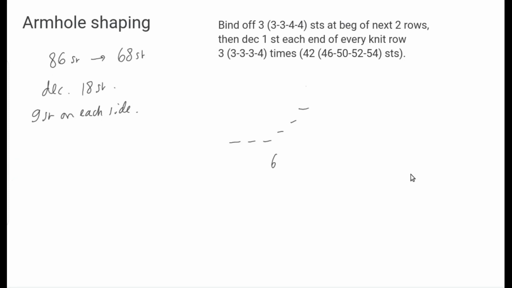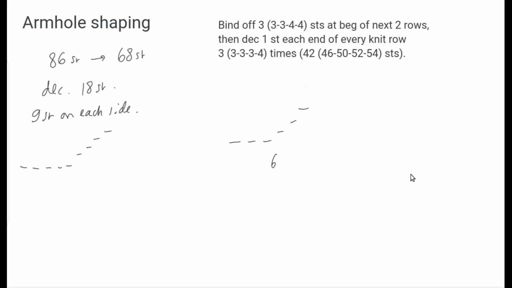So maybe to be safer, if you're busty, do 5 first. Bind off 5 of them. But this is just not going to even register. A stitch is so small. But anyway, we're going to do 5 first, and then we'll do the other 4.